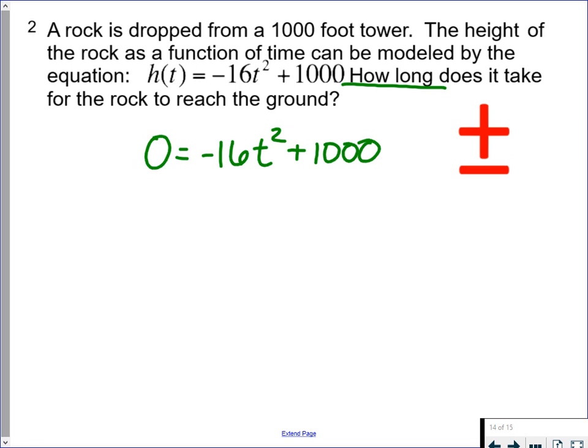Simplest radical form. I will give you one hint. There's a property that says if you have the square root of a fraction, you can take the square root of the top and the square root of the bottom separately.